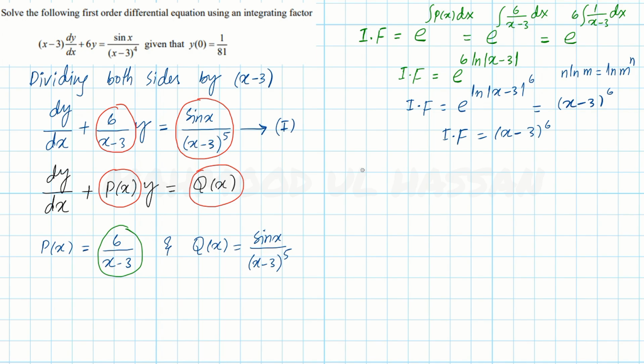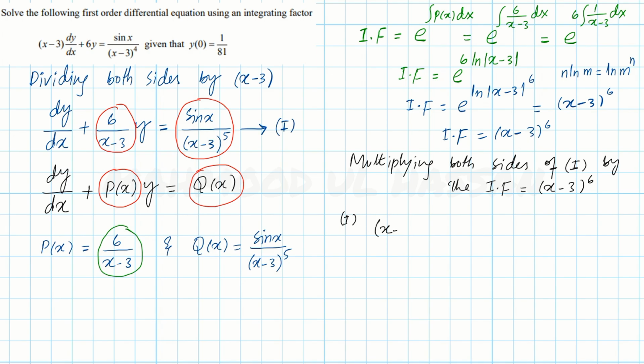Multiplying both sides of 1 by the integrating factor, that is x minus 3 to the power 6, equation 1 implies that on the left side it becomes x minus 3 to the power 6 dy over dx, plus 6 times x minus 3 to the power 5 into y is equal, and on the right side when we multiply and simplify, it becomes x minus 3 into sine x.